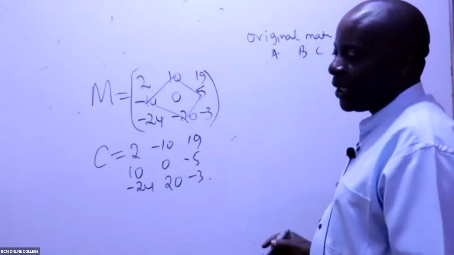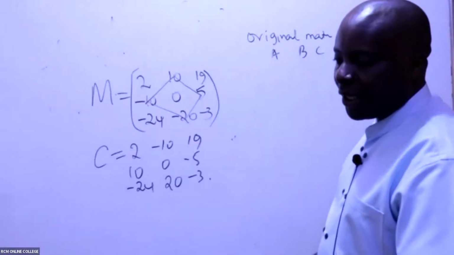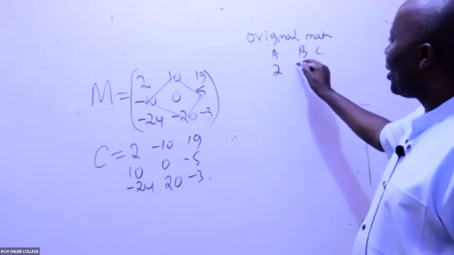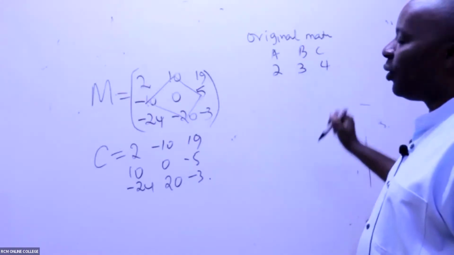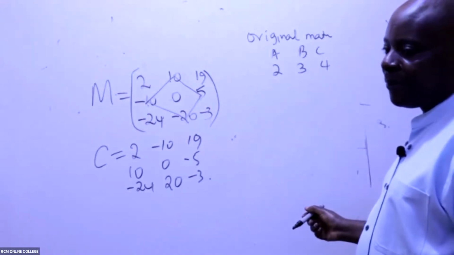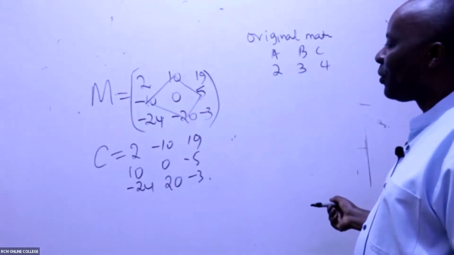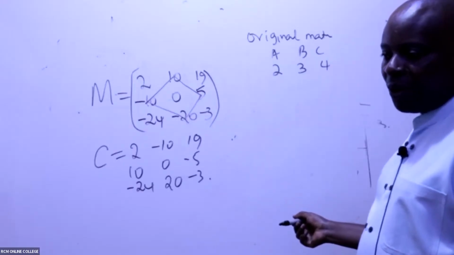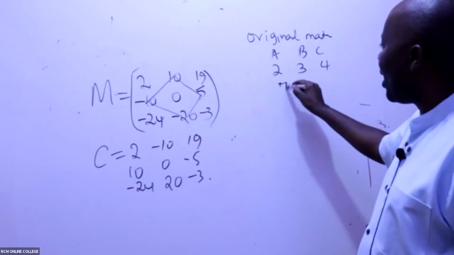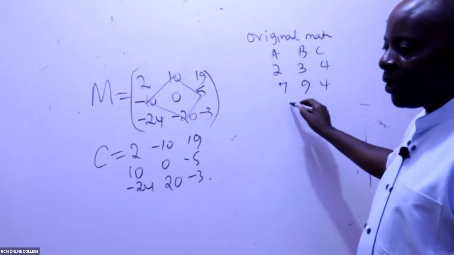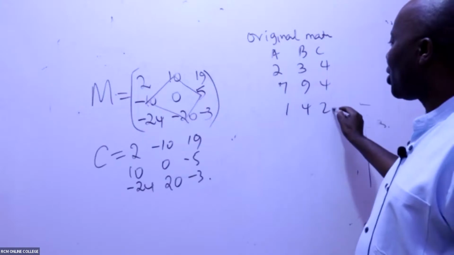The original matrix had 2, 3, 4. Then 7, 9, 4. And then the last one, 1, 4, 2. Thank you very much.